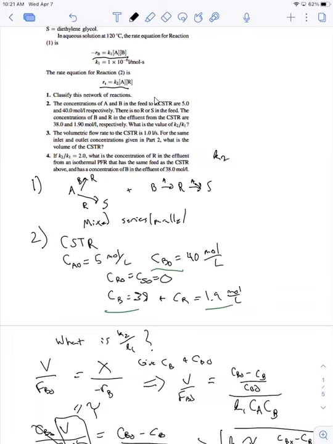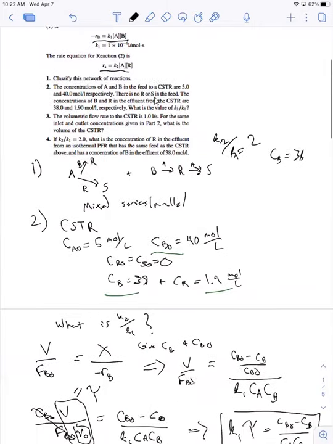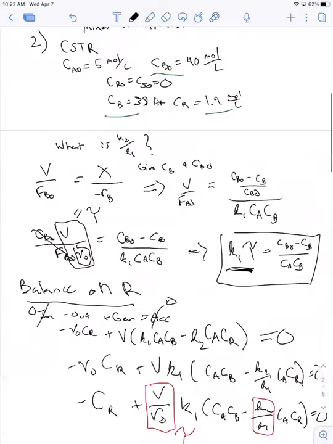So in this case, K2 over K1 equals 2 instead of 1, what we calculated before. And our CB is the same at 38, but it's a PFR, and our inlet concentrations are the same.